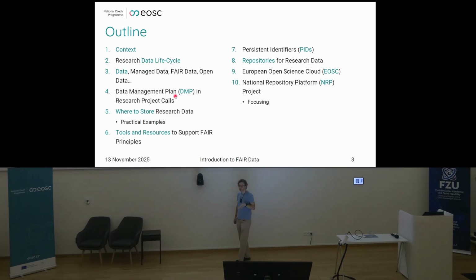And then we will continue with some more tools and resources that can be useful for you. We will also spend a few minutes with persistent identifiers, as we will see it's something that's very useful and necessary for FAIR data support.